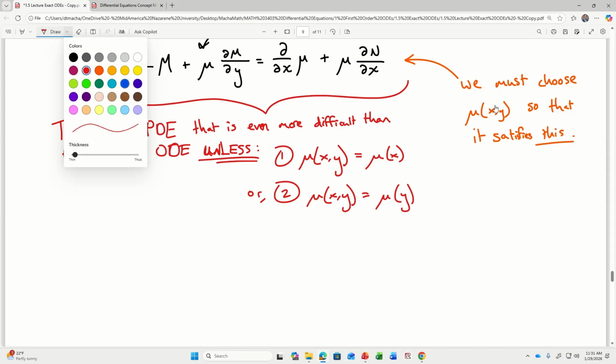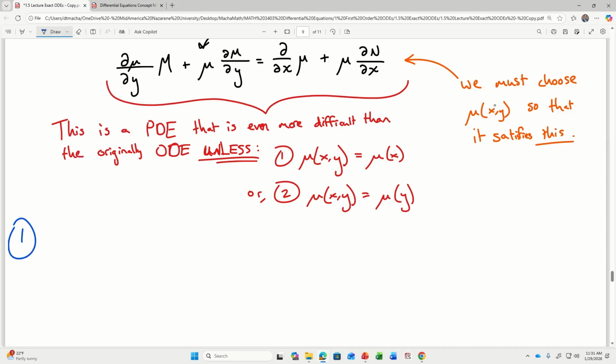And in the first case, where we have an integrating factor that's a function of only x, this big ugly equation becomes the partial of mu with respect to, actually, what is the partial of mu with respect to y? It would be 0. If mu is a function of only x, then it doesn't have any y's, and this partial derivative is 0.